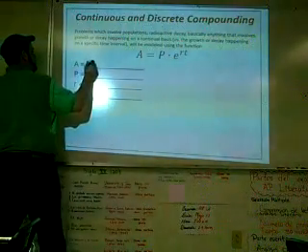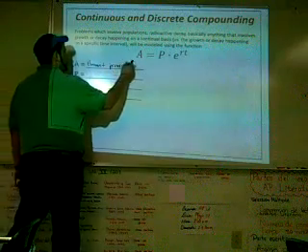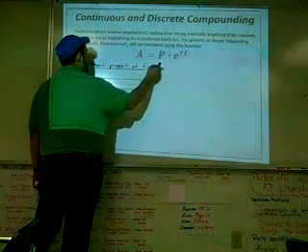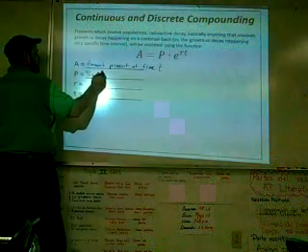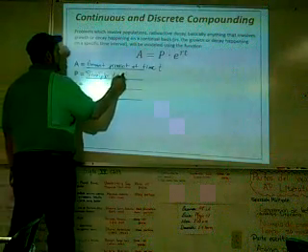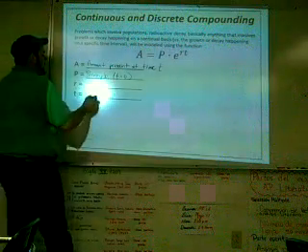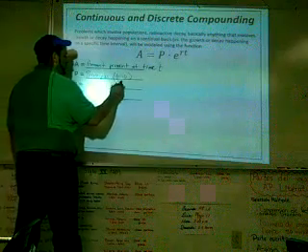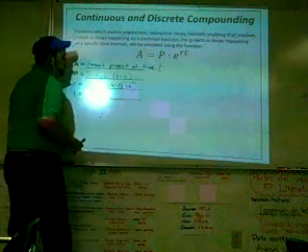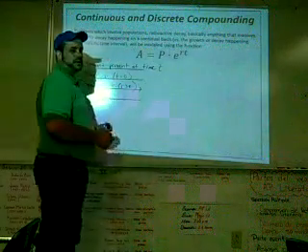A is the amount present at time t. P is your principal. The principal is how much you have at t equals 0, your starting time. R is your growth rate if R is greater than 0, and we're always going to express these rates as decimal numbers.